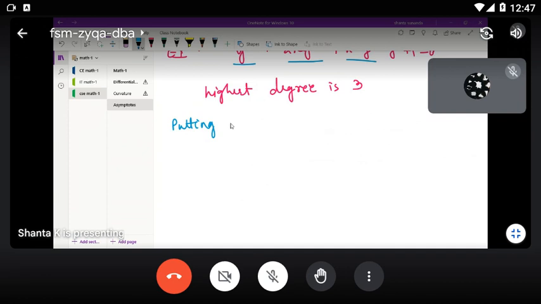Suppose the degree is 3, so we put y equals m and x equals 1 in all the terms having degree 3.